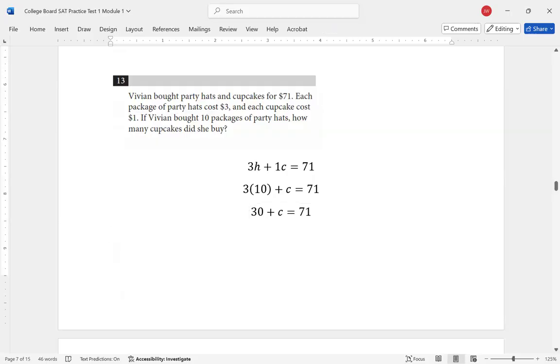Subtracting 30 from both sides gives me that the amount of cupcakes that she bought was 41. So Vivian bought 41 cupcakes, and 41 would be the correct answer to question 13.